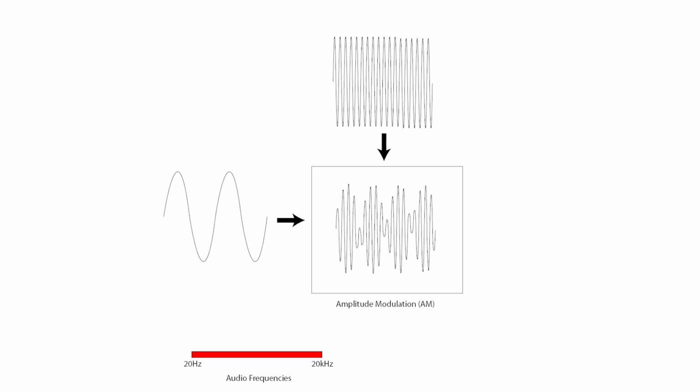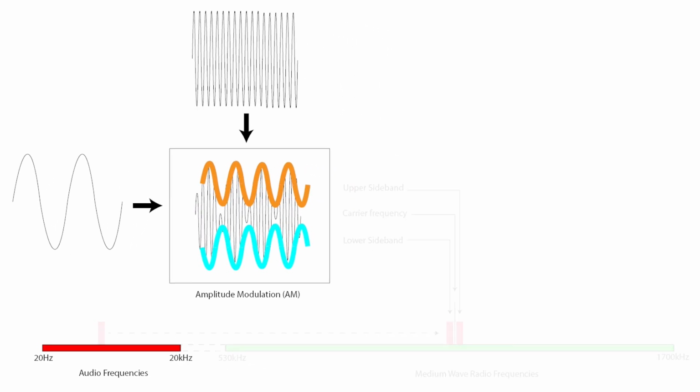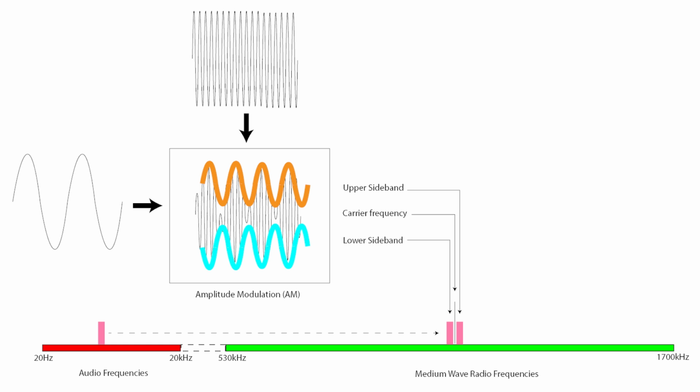Because the modulation is working on both the positive and the negative parts of the cycles of the carrier wave, you can see that the original signal is actually reproduced twice, once on the upper part of the carrier wave and a mirror image of it on the lower part. Using the carrier wave has effectively shifted the audio frequencies into another part of the electromagnetic spectrum.